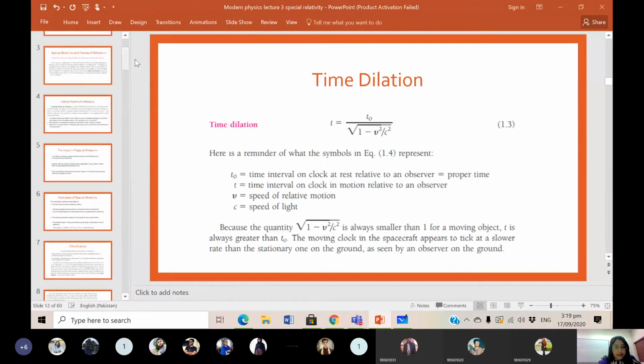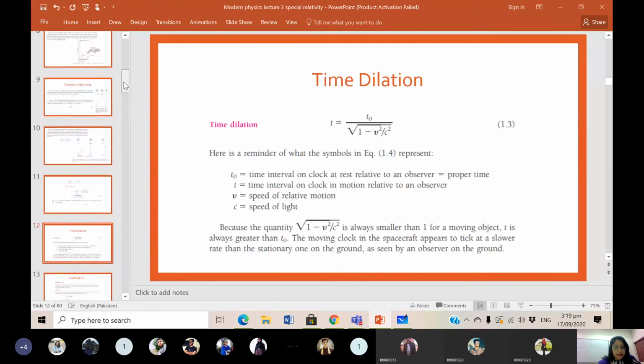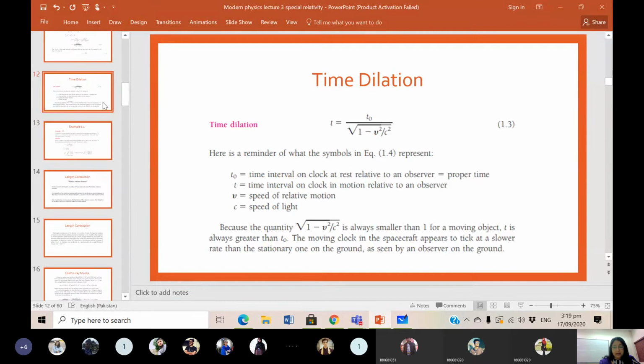Did I mention that? I think I mentioned that in the last lecture. Gamma will always be greater than 1 because v is always less than c. Yes? V will be some fraction of c. So 1 minus some decimal number will be less than 1. And then when you take the square root, that will be even smaller. For example, if you take the square root of 0.25, what will that be? 0.5, right?